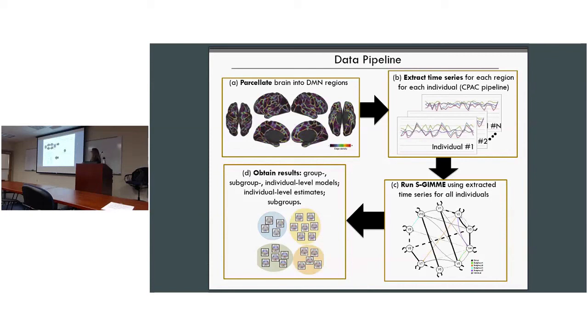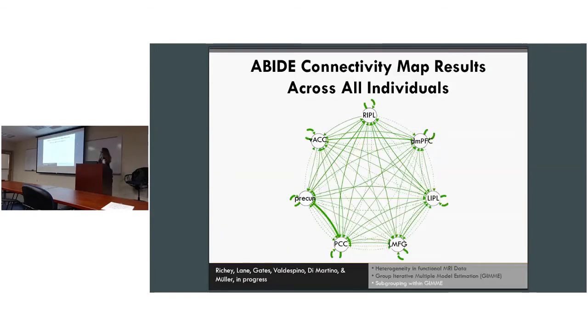Then we run subgrouping GIMME using these extracted time series, and then we obtain our results, and we see how that relates to other behavioral indices. This is our result at the group level, and I show this just to show you how much heterogeneity we see in some samples. This is actually more than I've ever seen. I've worked with quite a few types of data.